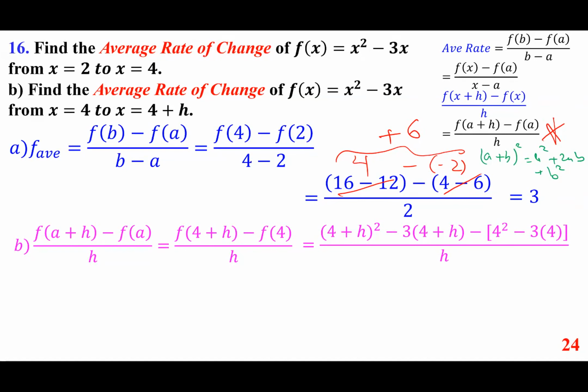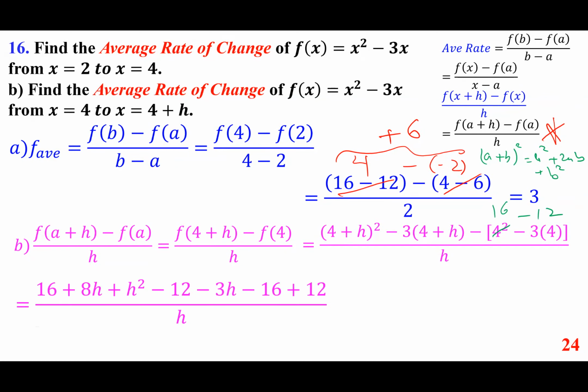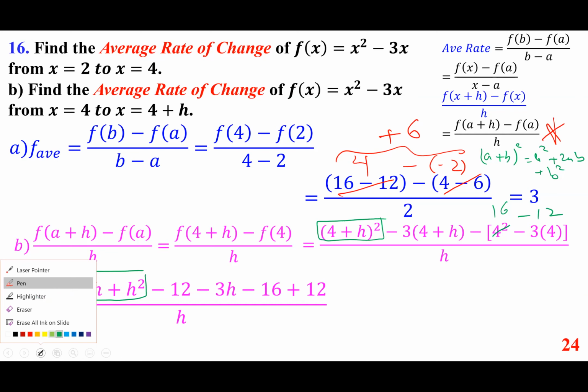Then you expand this one. You can write this one as 16, write this one as 12. So this is 4 plus h squared. Now, the reason I expanded it in this format, it's easy to see what cancels out.